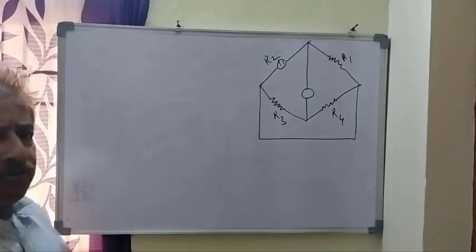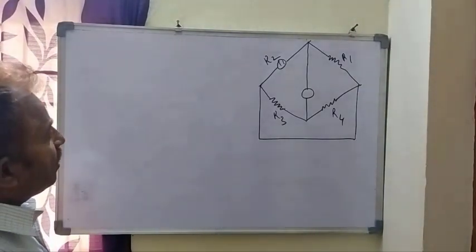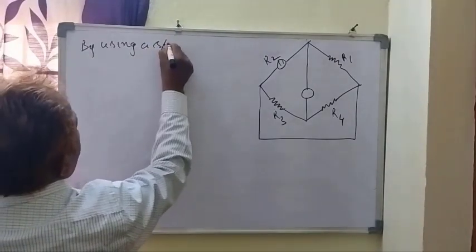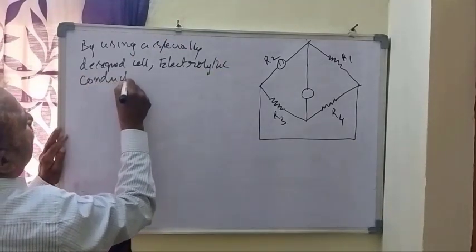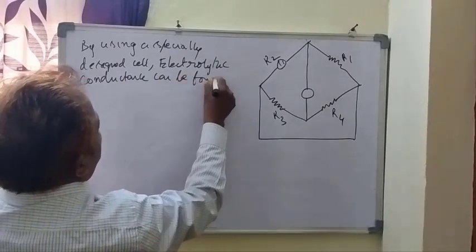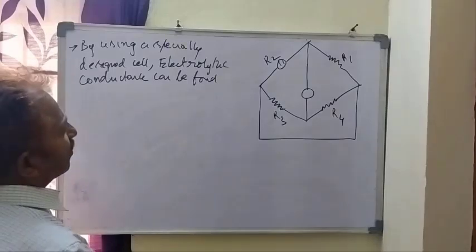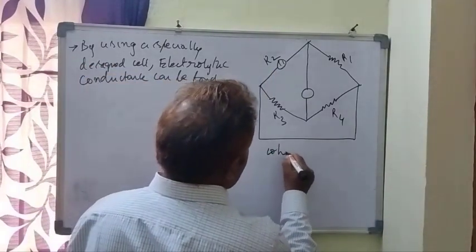Now conductivity of an electrolytic cell can be found by using a specially designed cell. So by using a specially designed cell, electrolytic conductance can be found. Here the electrolytic cell is kept in the Wheatstone bridge.